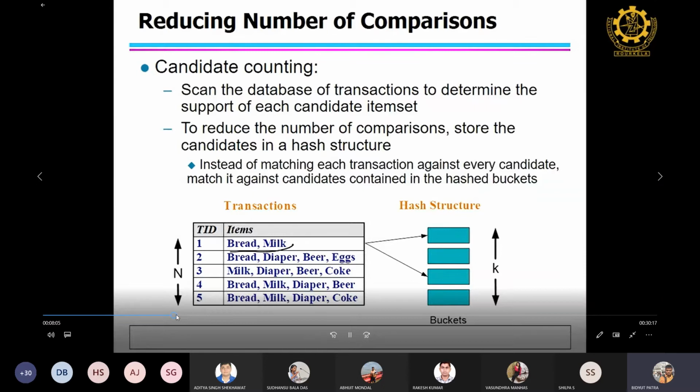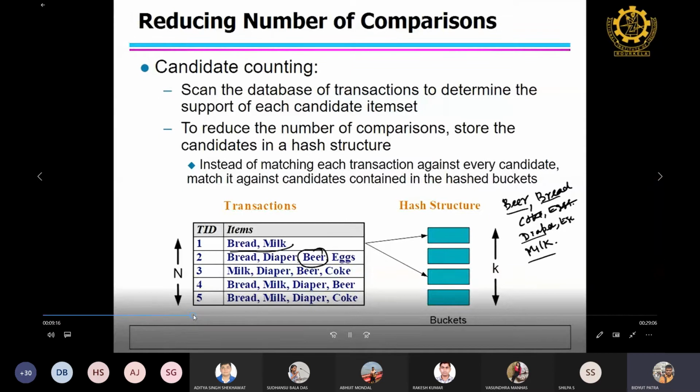So beer is somewhere here, so beer will appear first. Then we can avoid duplicates, as I said in the last class. So then beer, then the one item sets. All the item sets are candidate 1, but you have to find which items.